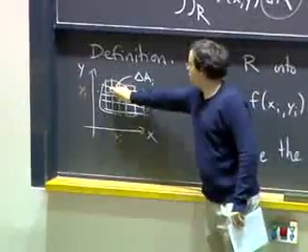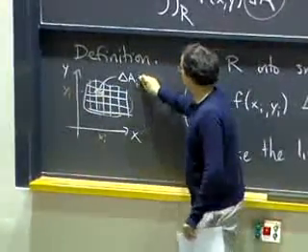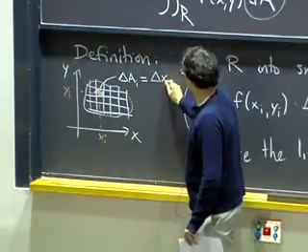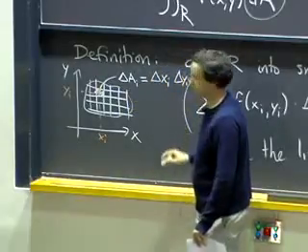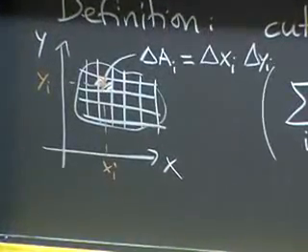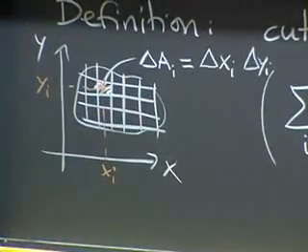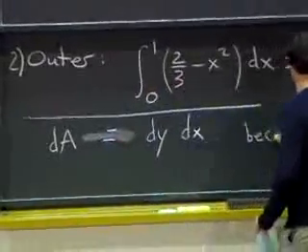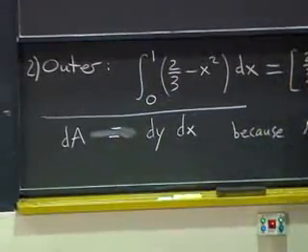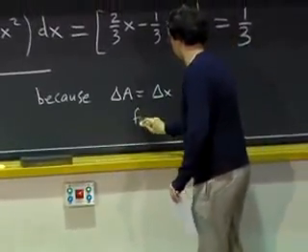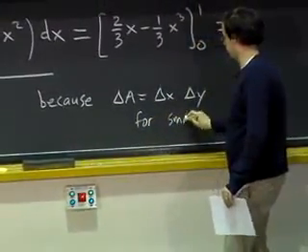Now what's the area of this small rectangle here? Well, it's the product of its width times its height, so that's delta x times delta y. So delta A equals delta x delta y, and it's really equal for the small rectangles.